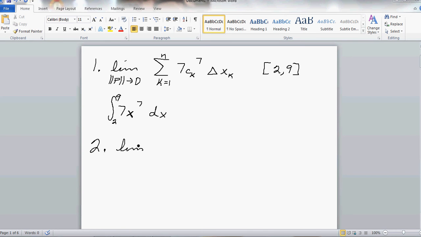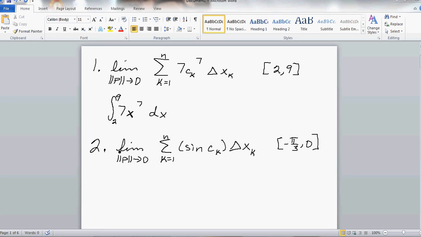Number 2, the limit as the width of the partition approaches 0 of the sum from k equals 1 to n of the sine of c sub k, delta x sub k, and the partition is from negative pi over 3 to 0.